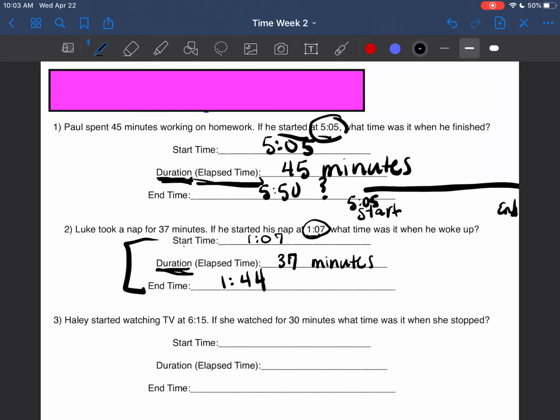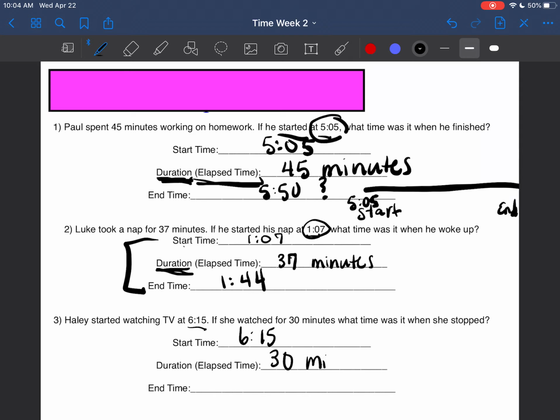All right, we have one more that we're going to do together, and then you're going to be on your own for just a few. All right, this problem says we're going to fill in our graphic organizer first. Haley started watching TV at 6:15. So what time does Haley start watching TV? She starts watching at 6:15. If she watched for 30 minutes, what time was it when she stopped? Well, how much time is passing? 30 minutes.